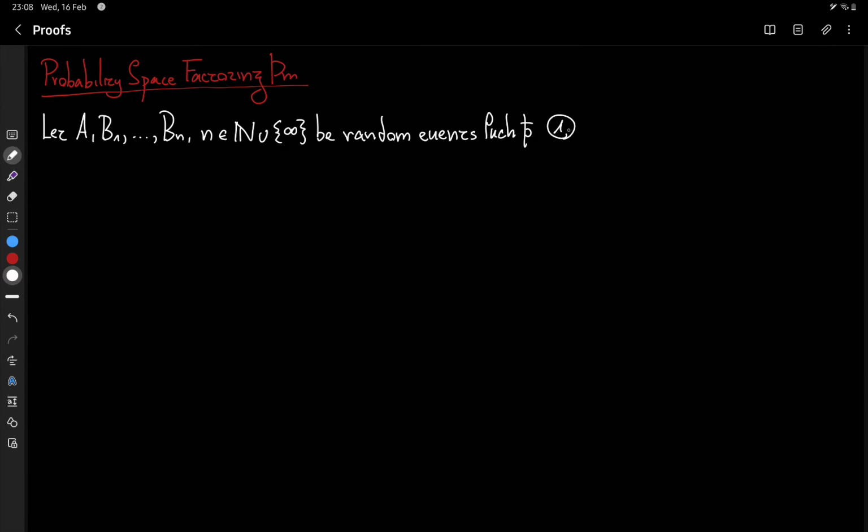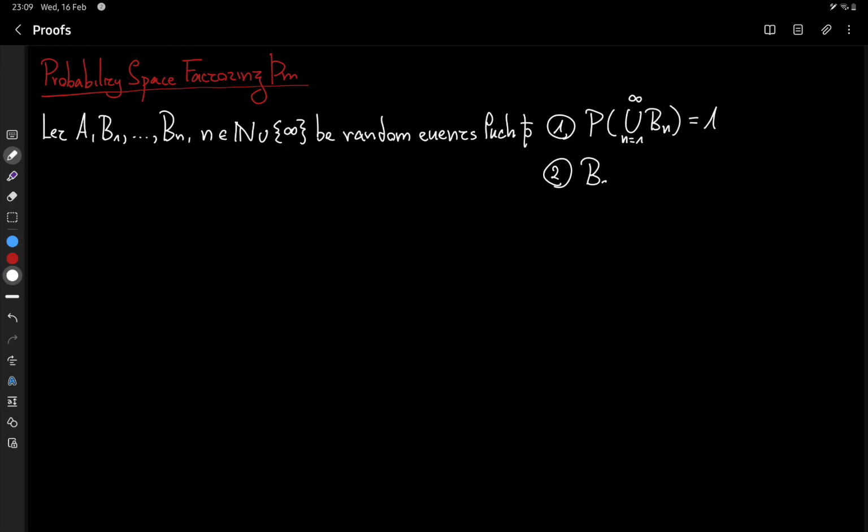1. The probability of the union of all the Bn's is 1. In other words, they cover the entirety of the probability space, but we're not finished. We also require that they are pairwise disjoint.